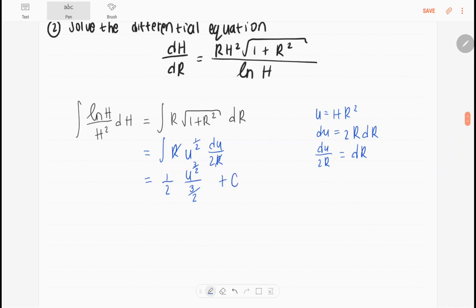And this is just going to be a half times 2 over 3 times u to the 3 over 2 plus c. So this is just going to become a third, and then we have the square root of u cubed plus c.